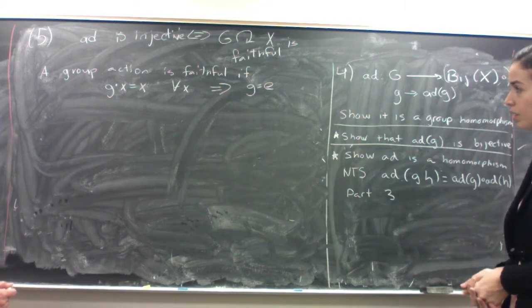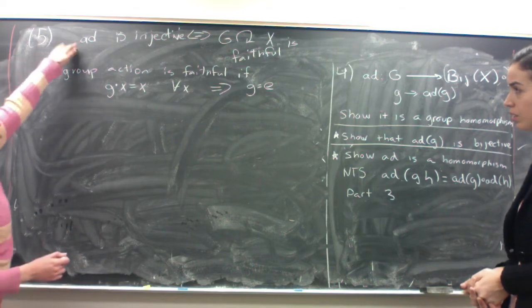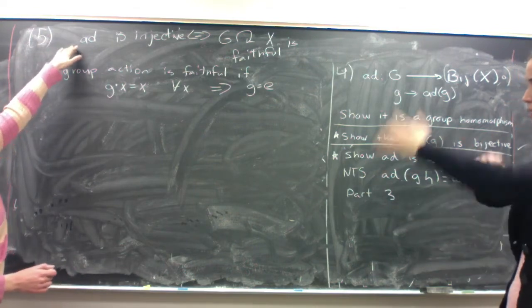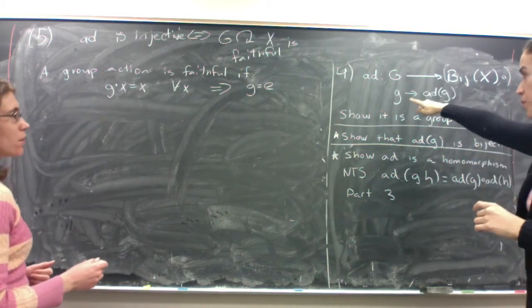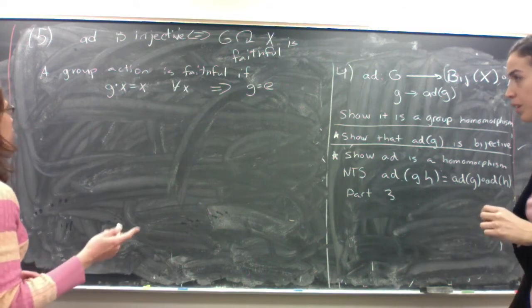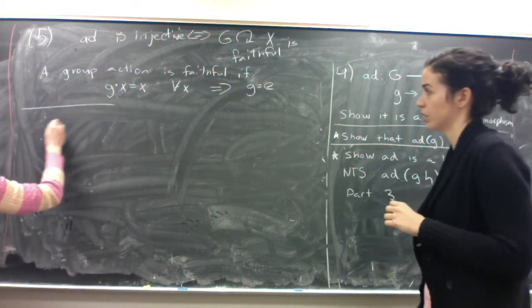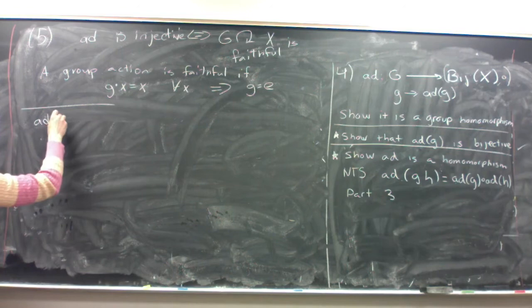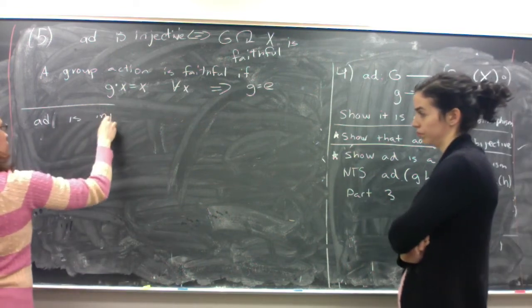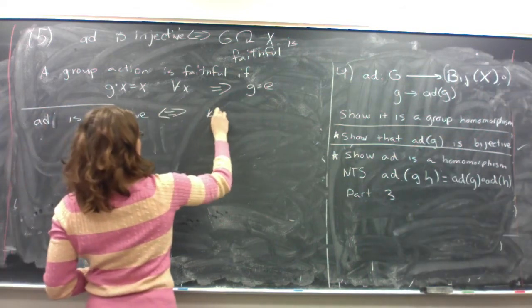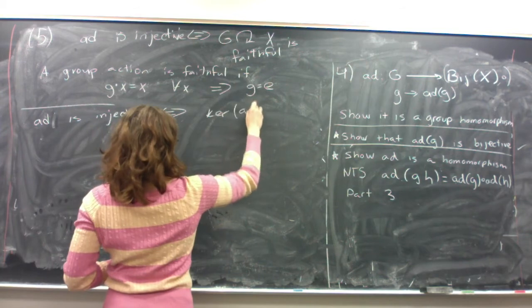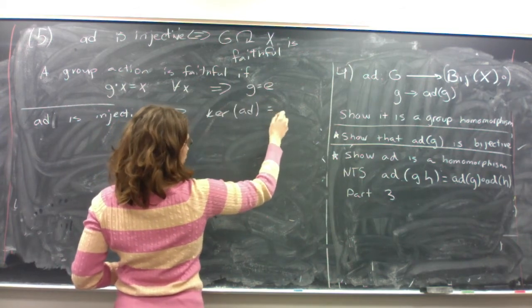Okay. So we're also trying to show that add is injective. So maybe let's translate what it means in our context. Oh, but add is now a group homomorphism, so we can do the kernel. Add is injective if and only if the kernel of add equals the identity.